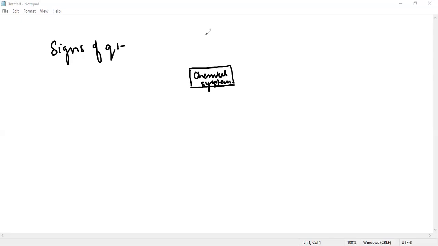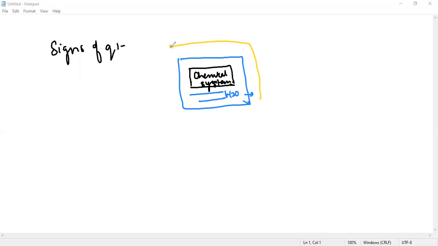Let us suppose the surrounding is water, so I will just write H2O. These are the surroundings. And then we have this thing insulated, so we have an insulation here. This is an isolated system.